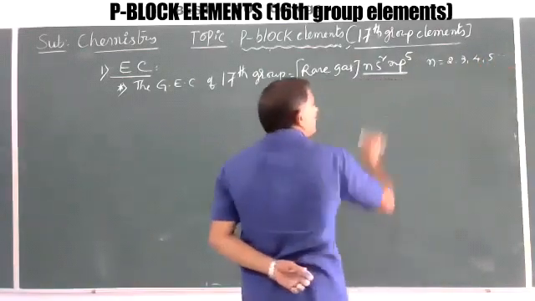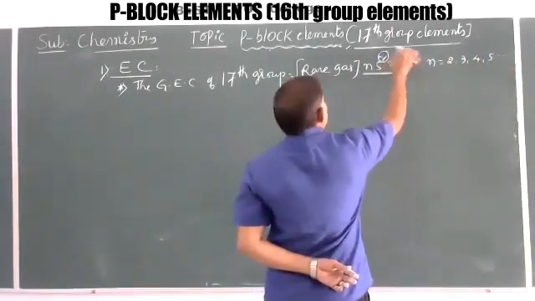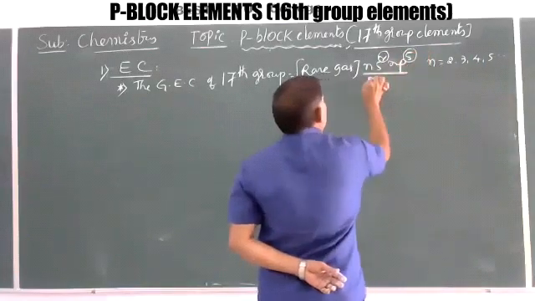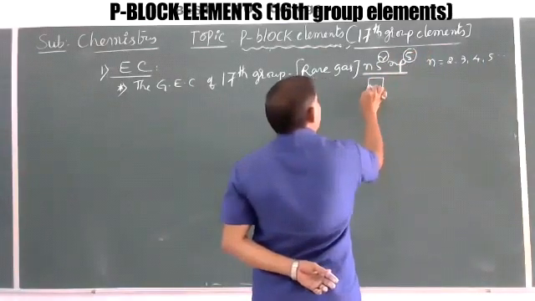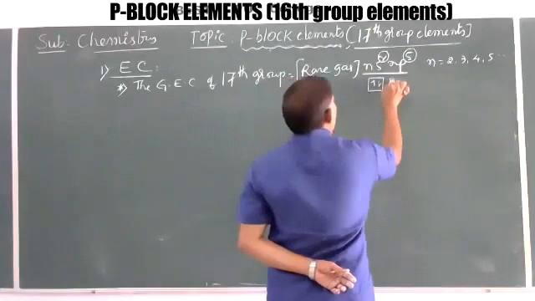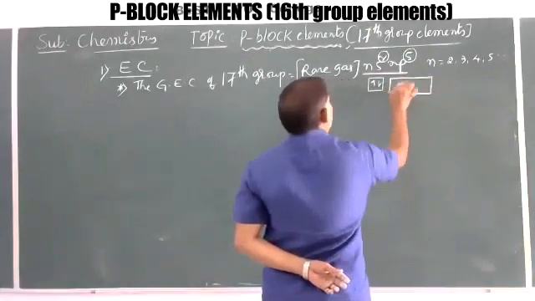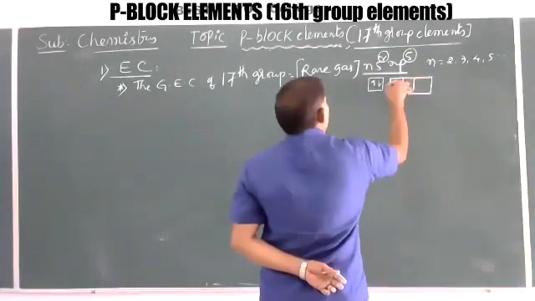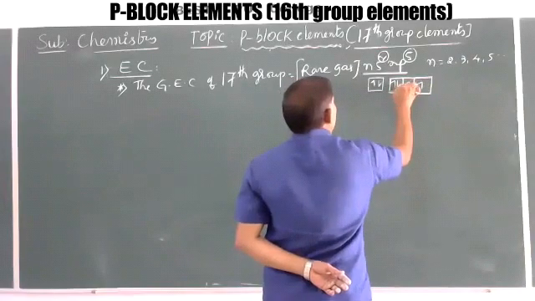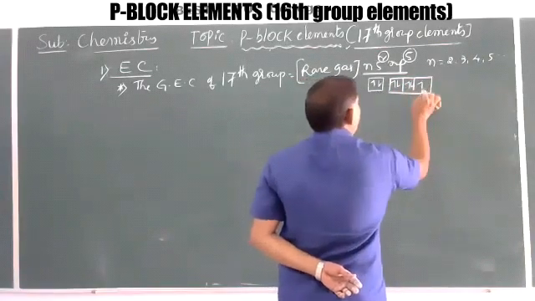The number of valence electrons is 7. The s subshell contains 2 paired electrons, and the p subshell contains 5. Among these 5, 2 pairs are paired and one is unpaired.